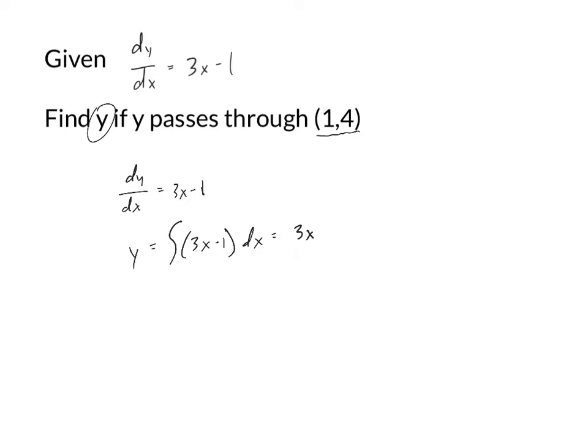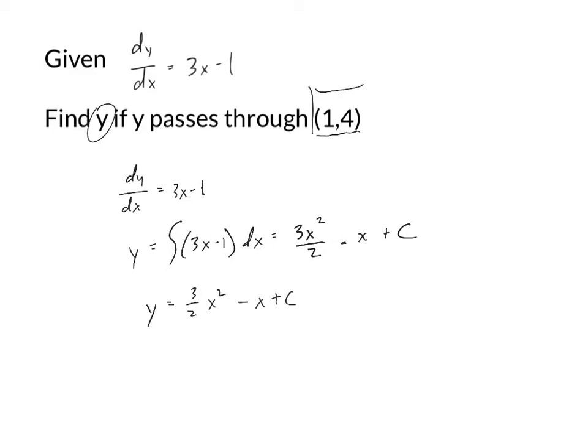Getting better at these now, hopefully. 3x to the second, add 1 to the exponent, divided by 2, minus the antiderivative of 1 is 1x. It's a constant. Plus c. Okay, so there's a good first step. I've got the equation of my y. It's a parabola. Y equals 3/2 x squared minus x plus c.